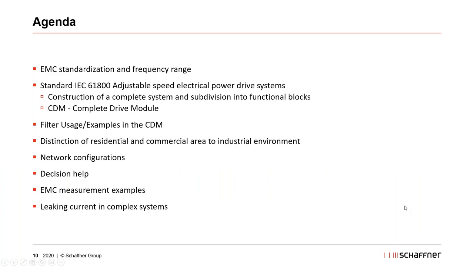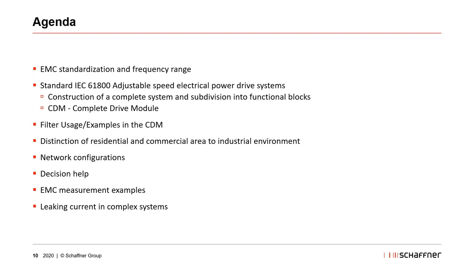Good. So the agenda of today's webinar, and the specialized part of this webinar, is EMC standardization and frequency range first. Afterwards, we will go into detail on the standard IEC 61800, adjustable speed electrical power drive systems. We will see how filters are used in industrial equipment and machinery.